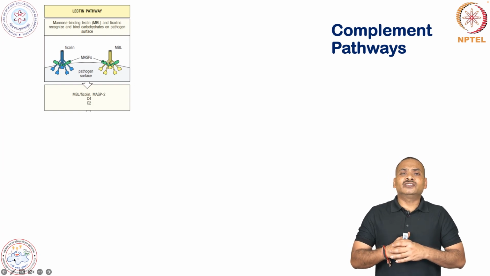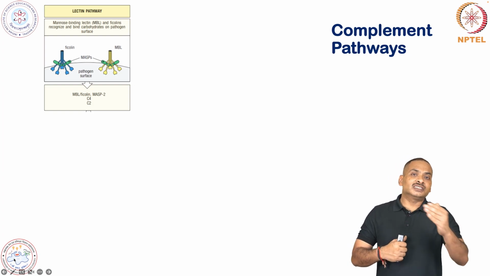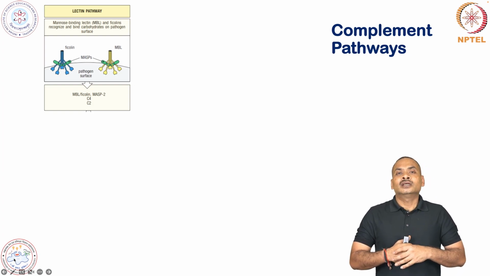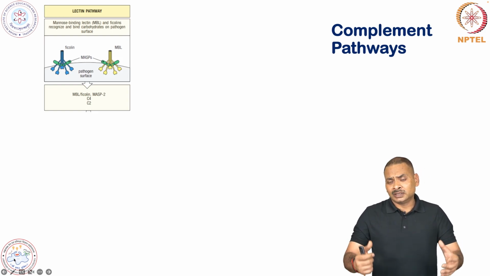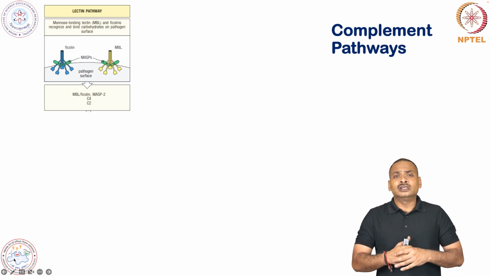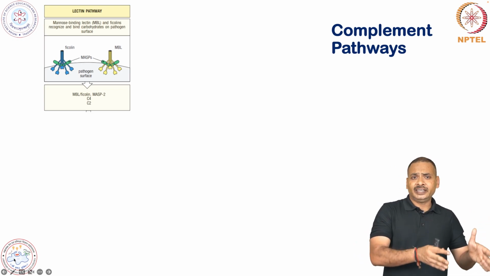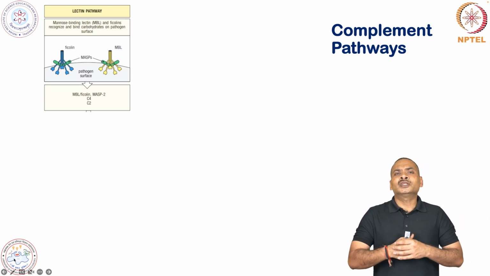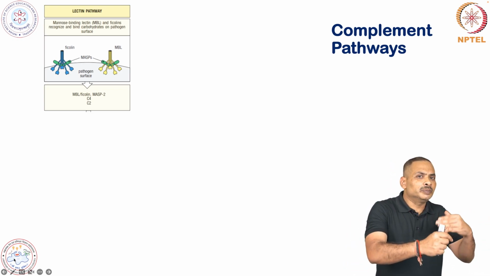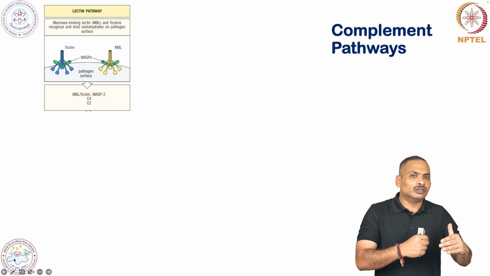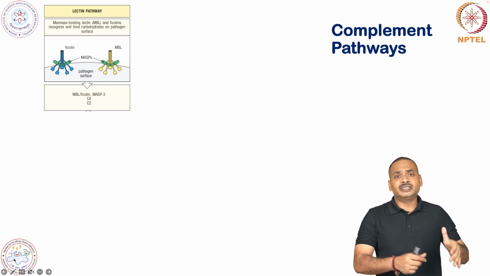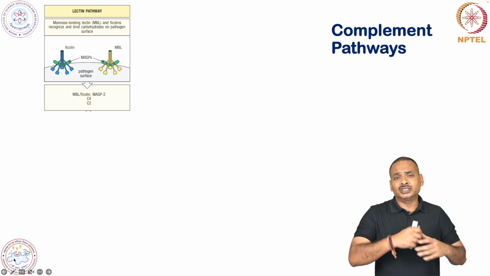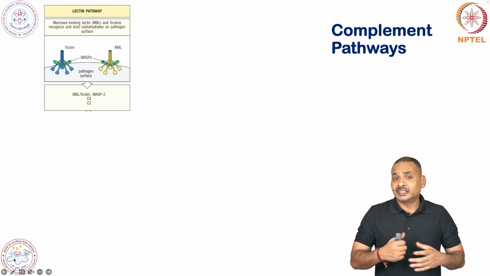And what is C3 convertase? It will cleave C3, and this cleaved C3 will generate C3a and C3b. C3a is a kind of anaphylatoxin which induces inflammation, and C3b is deposited over the target cells.